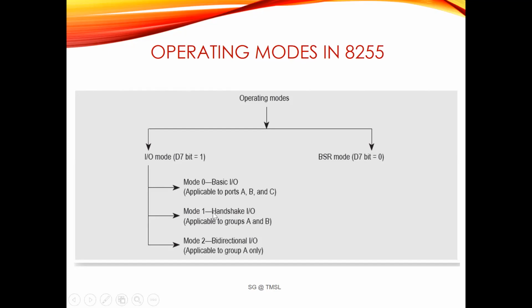Mode 1 is called handshake IO mode, applicable to group A and group B control. And mode 2 is called the bidirectional input output mode, which is applicable to group A only. Group B is not used under this mode. The programmer can select a particular operating mode using the commands and the control words.